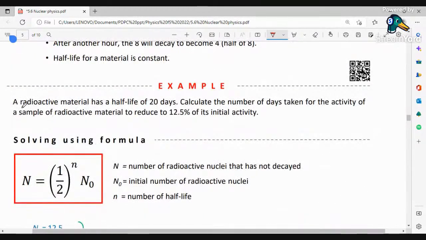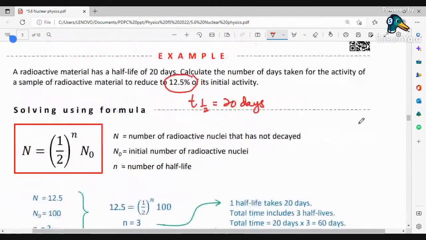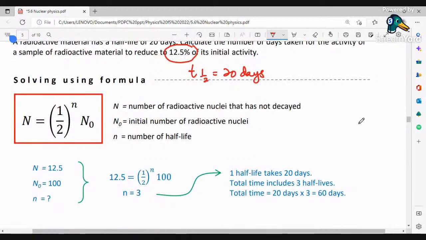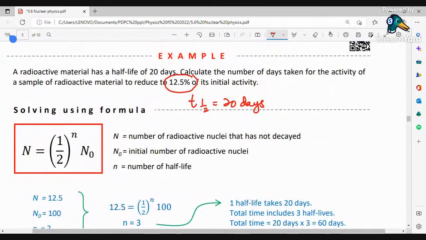Example, a radioactive material has a half-life of 20 days. T half ialah 20 days. Calculate the number of days taken for the activity to reduce to 12.5% of its initial activity. Maksudnya ialah initial one we can assume as 100% because it is mentioned in percent.